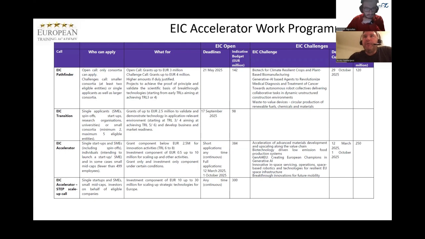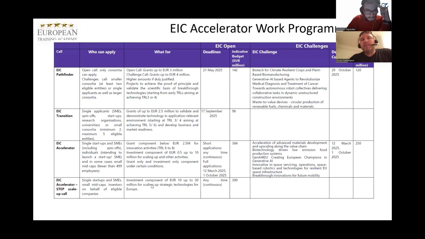Under that call you have the accelerator widening, which is almost the same as the transition call, but it offers you up to, I think, 0.5 million euros, and you can work also in partnership, and it gets you from TRL 3 to TRL 5 or 6. So it's a preparatory grant scheme for preparing you to get to Accelerator. And this is new also from 2025.